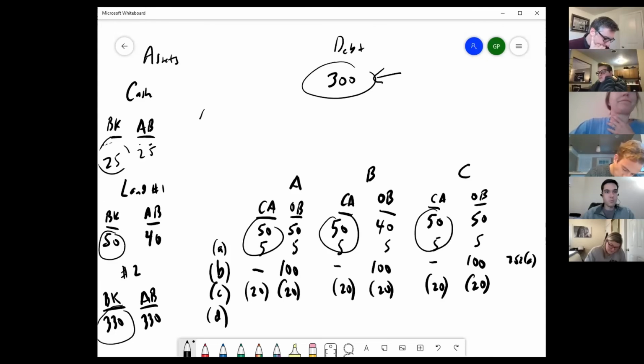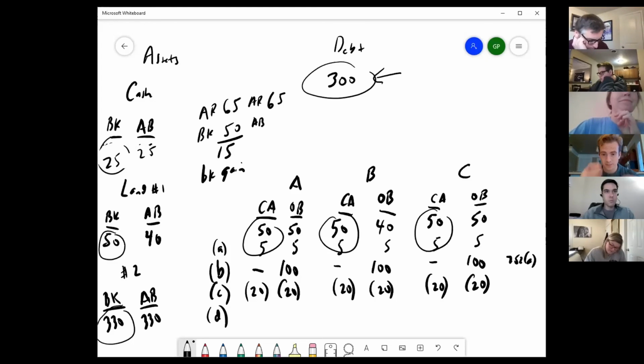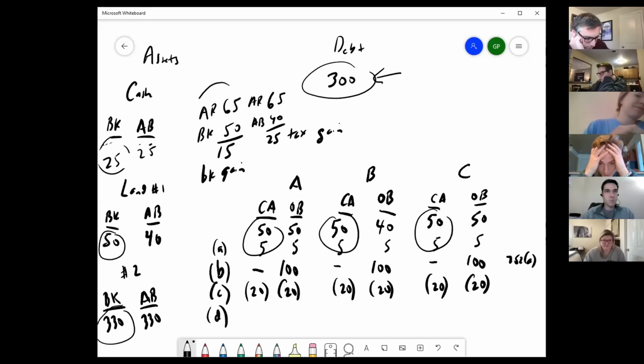We take the amount realized of 65, put it over the book value of 50. 15 of book gain. And then for tax, we take the same amount realized of 65 and put it over our adjusted basis of 40. 25 of tax gain. So we have 15 of book gain and 25 of tax gain.